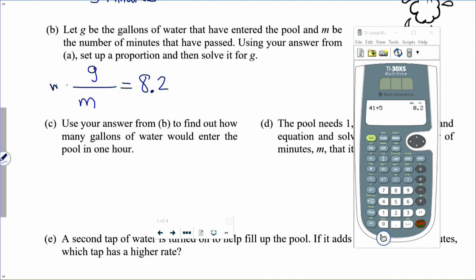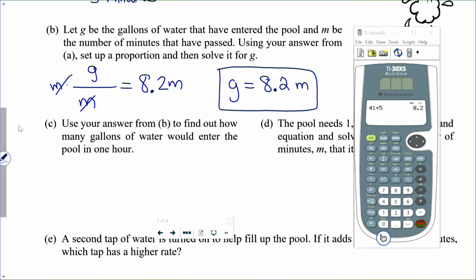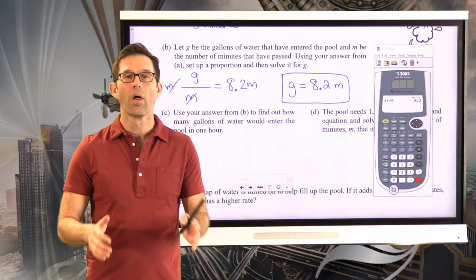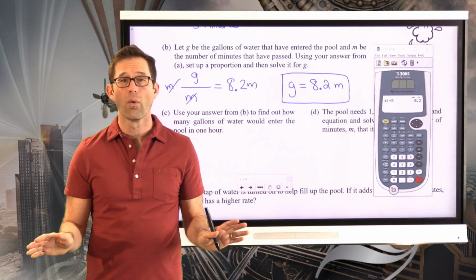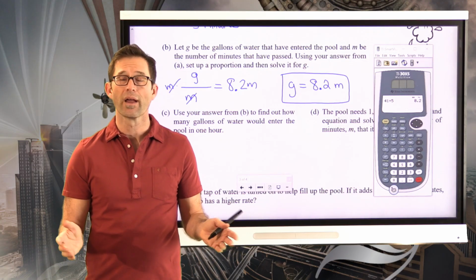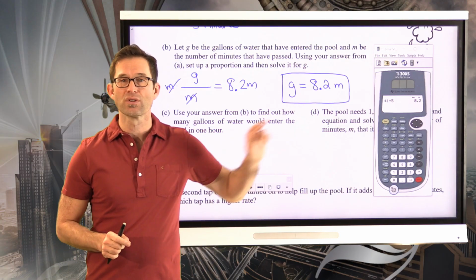Now we can multiply by M on both sides, and we just find that the number of gallons is always 8.2 times the number of minutes. Every proportional relationship will always look like some variable equals a number times some other variable. Always, always, always.